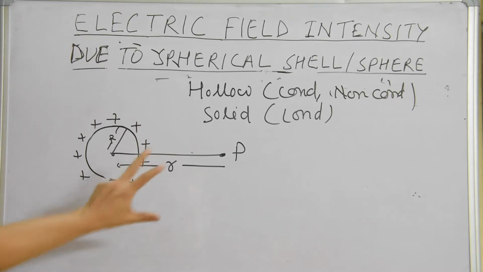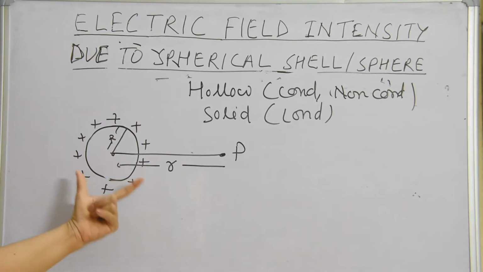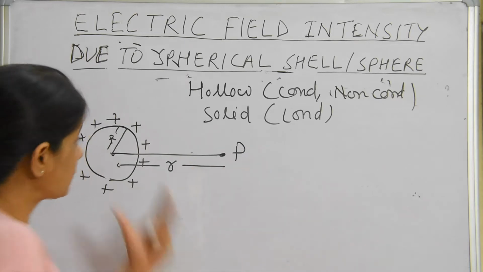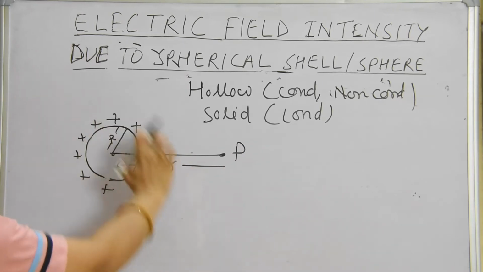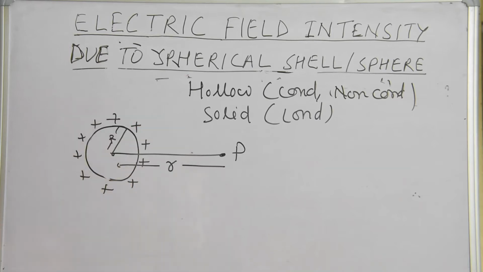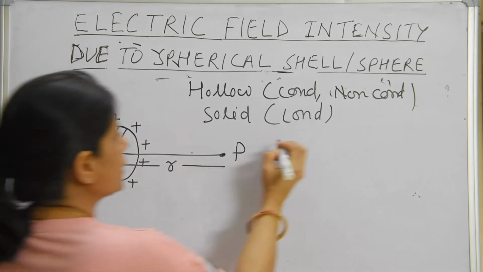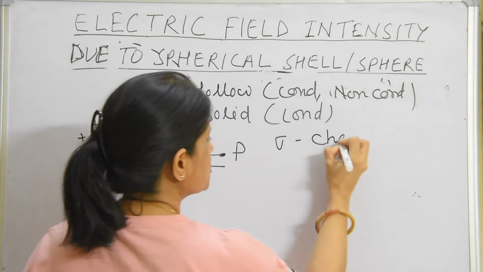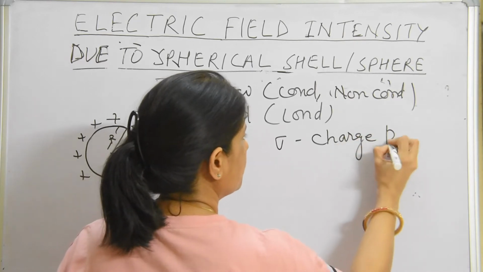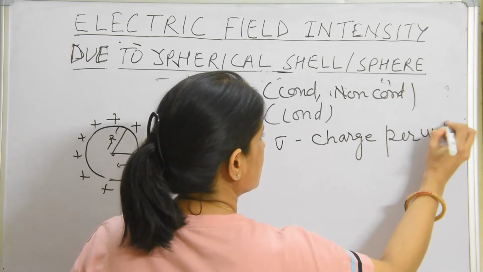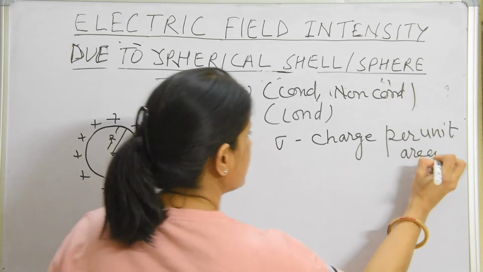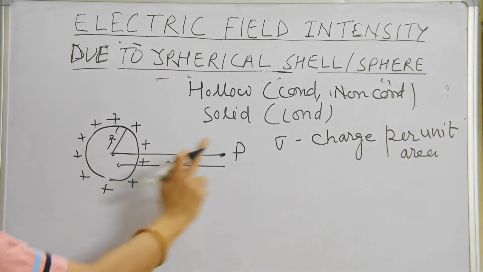Now we have to find the value of the electric field intensity due to this spherical shell. So we will use Gauss theorem. What is given? We don't know how much charge is spread on its surface, but we know sigma is the charge per unit area. In 1 unit area the charge is sigma.